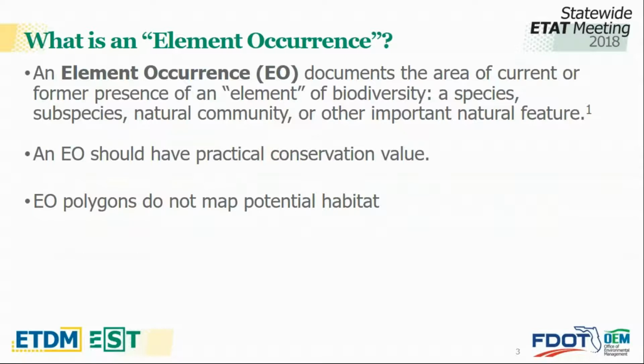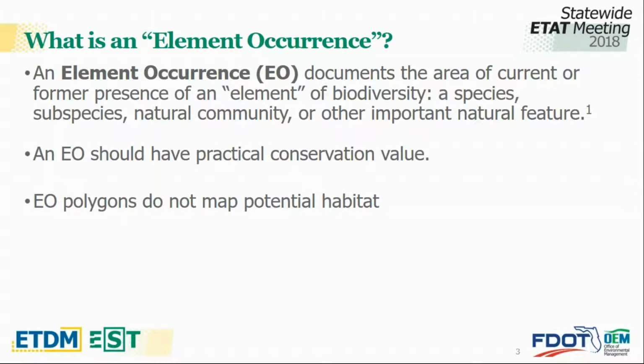An element occurrence documents the area of current or former presence of an element of biodiversity, and that element can be described as a species or a subspecies, natural community, or some other important natural feature. Generally, an EO is considered to have conservation value in a practical sense.